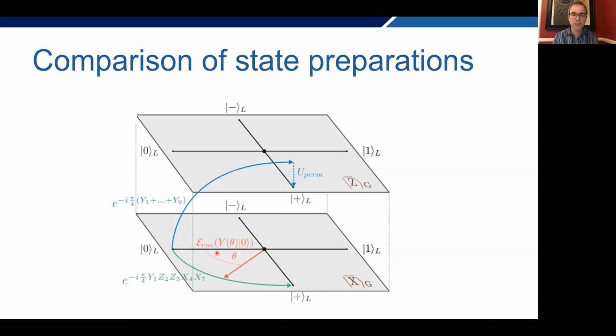And if we do this non-fault-tolerant prep I talked about, which is the red line, or we apply this weight-5 Pauli operator, a direct operation of the logical Y rotation, we're able to generate all states in the XZ plane, and we stay in the same gauge, because the gauge is fixed by preparation, and this choice of logical Y operator doesn't change any gauges.